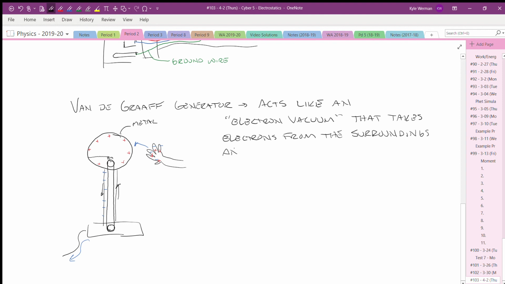And we would say it grounds them. All right, so it gives them a pathway to the ground, literally through the wire that's plugged into the wall.